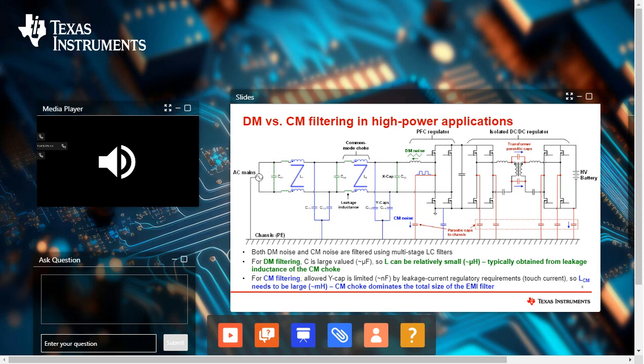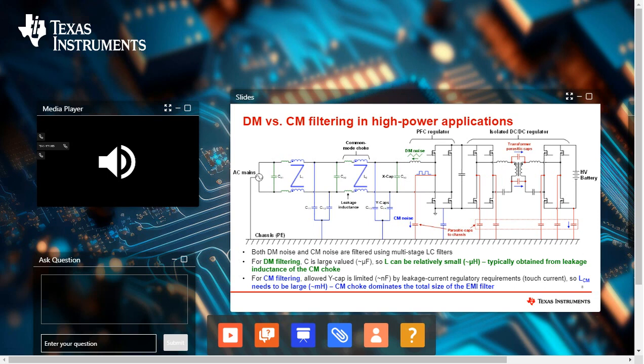In high power applications, both differential mode and common mode noise are mitigated using multi-stage LC filters. For differential mode filters, the X capacitors are large so the inductors can be small.